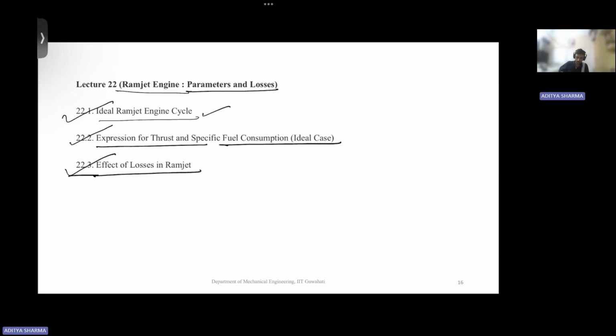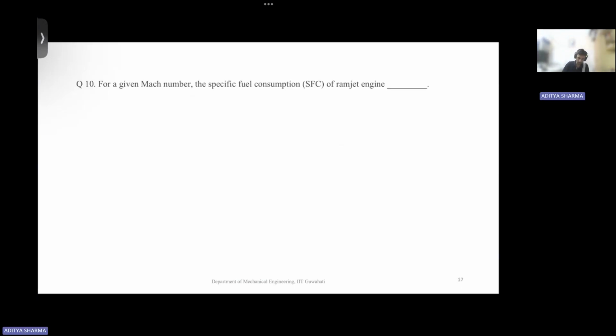So effects of losses, pressure losses, are shown by the TS diagram for Ramjet engine. Then we can see the question. So Ramjet engine is used at supersonic speeds, right? But then the combustion has to be at subsonic speed. Okay.